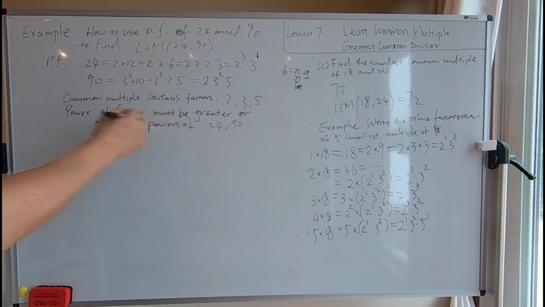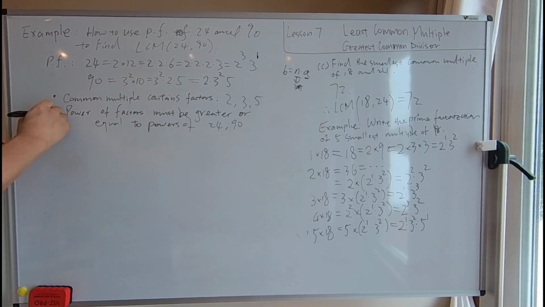Okay, with these two conditions, let's see if we can construct the least common multiple, factor by factor. First, the factor of 2.